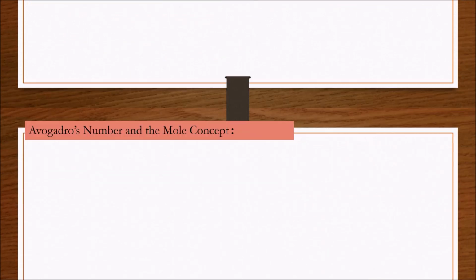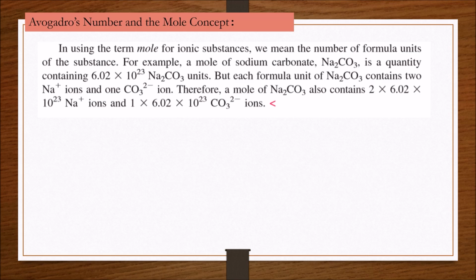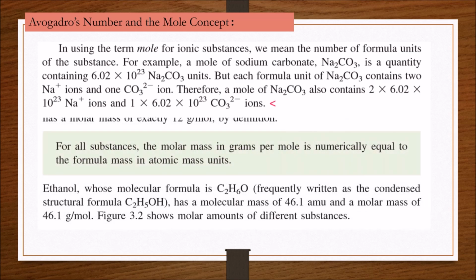In using the term mole for ionic substances, we mean the number of formula units of the substance. For example, a mole of sodium carbonate, or Na2CO3, is a quantity containing Avogadro's number, or 6.02 times 10 to the 23 units of sodium carbonate.